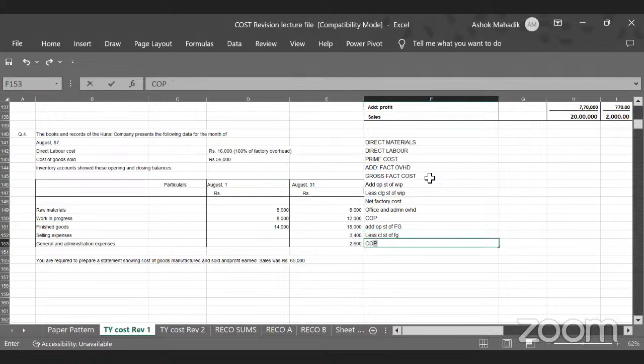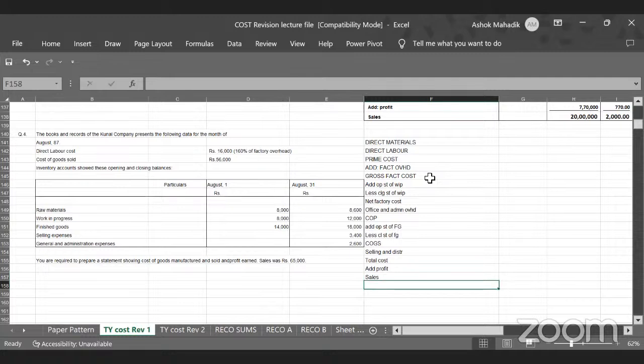We get cost of goods sold. Then add selling and distribution. We get total cost. Then we add profit to it. We get sales, right?